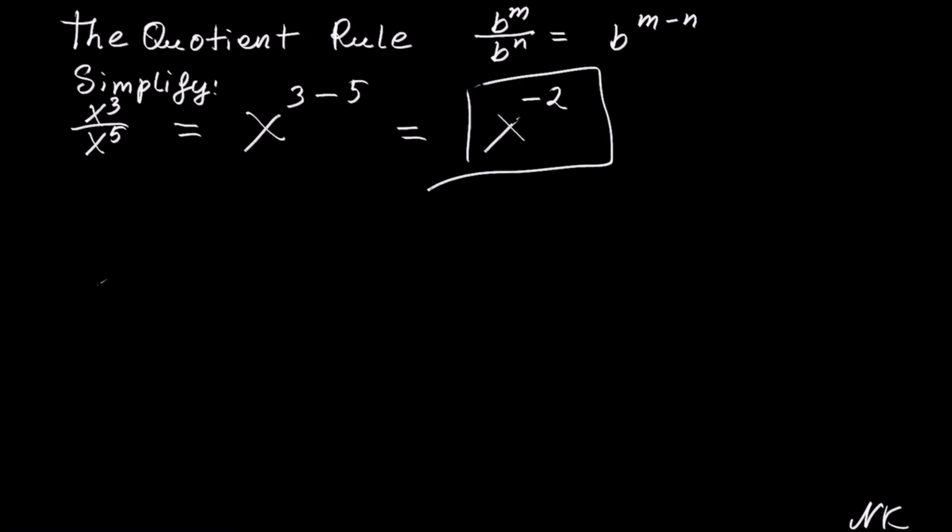I would like to point out that if we rewrite this fraction as x to the third is x times x times x, out of x to the 5 is 5 factors of x in denominator.